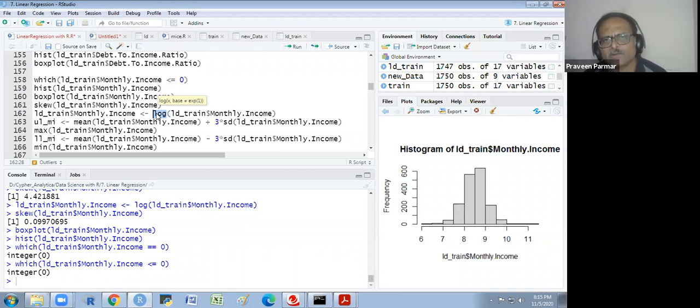I will explain many things later. So now you understand where we are using the log function. If there is a 0 or a value less than 0, we could not apply the log function. We have to use some other technique. Is it clear to all?